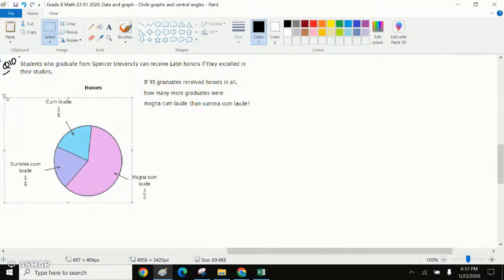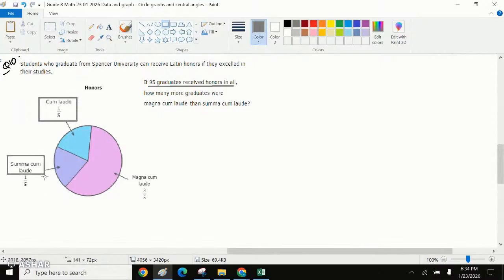Okay, so they're saying if 95 graduates receive honors in all, the total number of these three types of students was 95. Summa cum laude was 1/5.